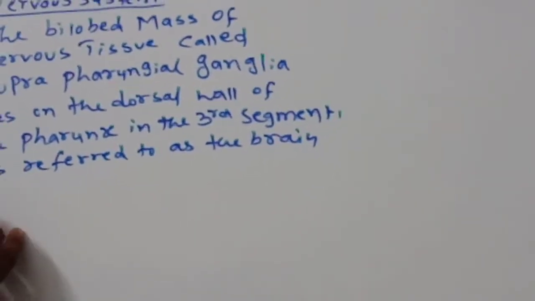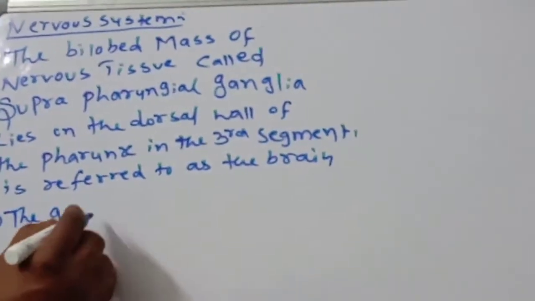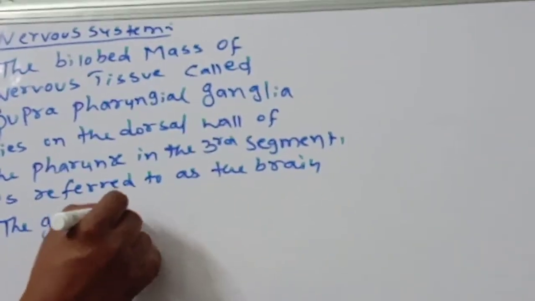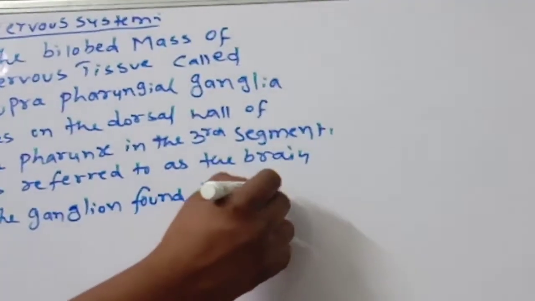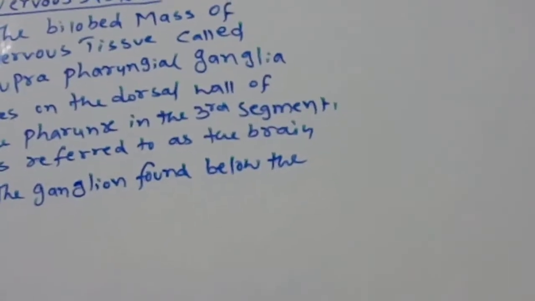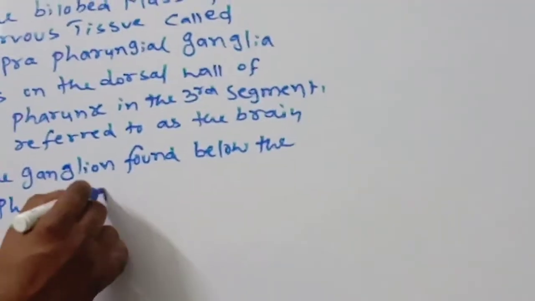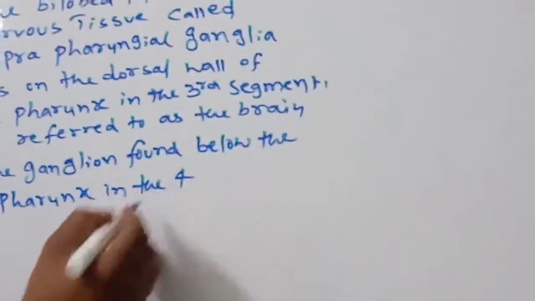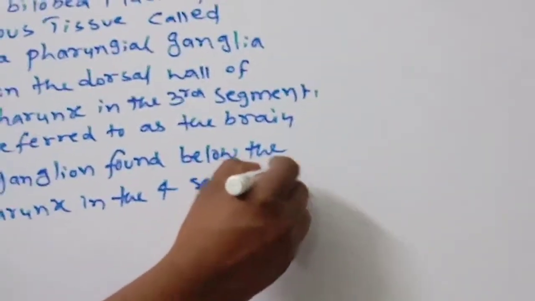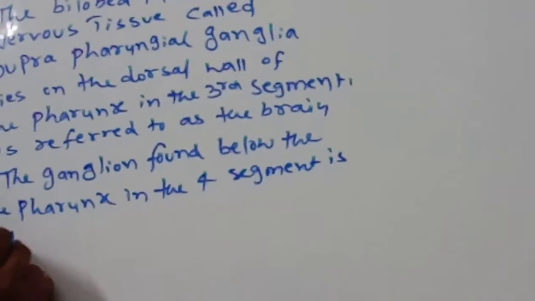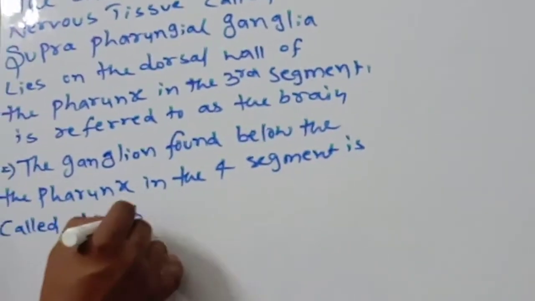The ganglion found below the pharynx, in the fourth segment, is called the subpharyngeal ganglion.